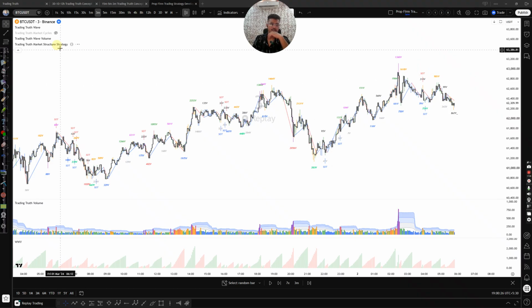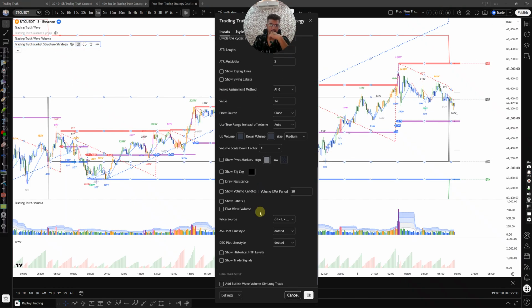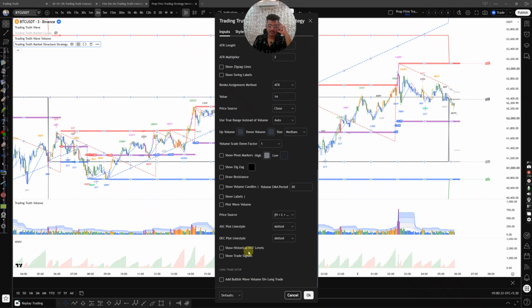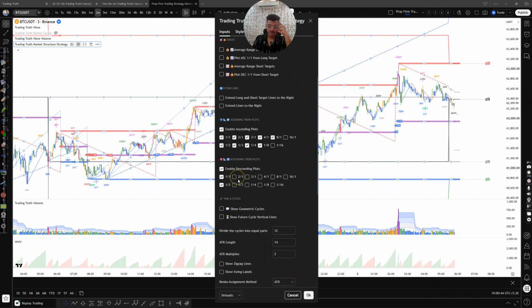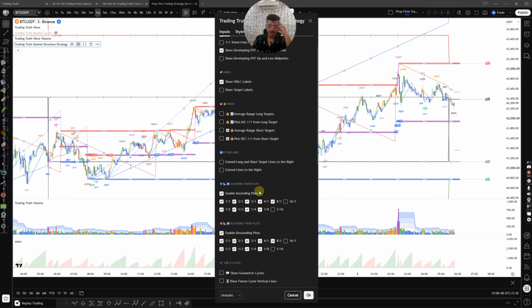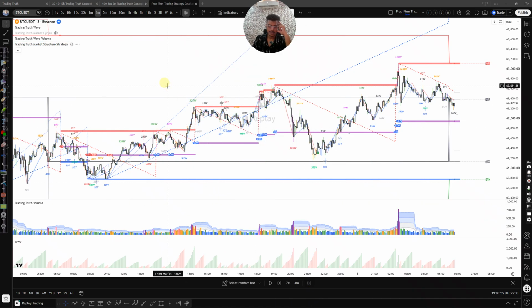Let me add it again. Come here and add the trade signal. I'll add all this stuff. Okay, extend lines to the right, this one as well, and let's see.